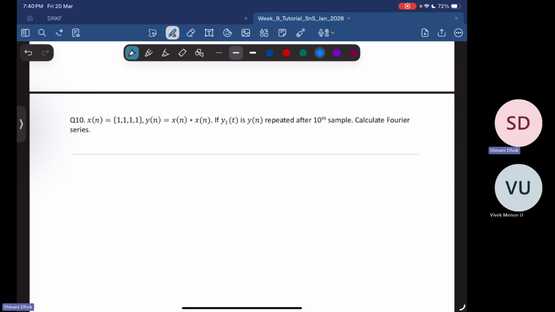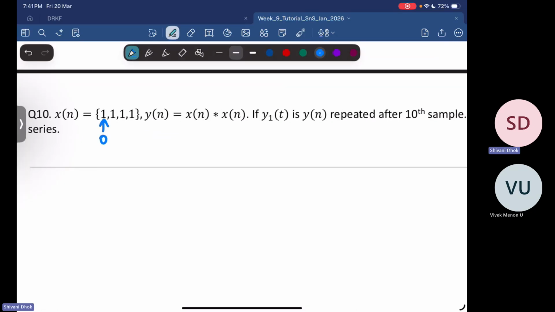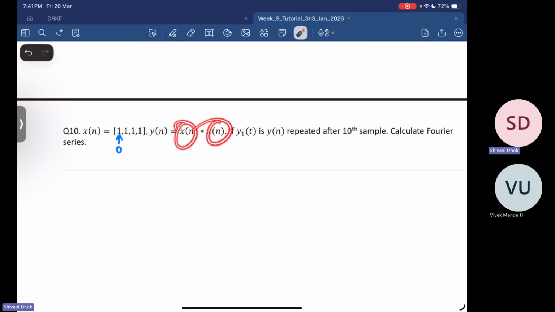Questions, then let me move on to the next one. So what you have now is x of n is equal to 1 1 1 1, let's say this starts from 0, and y of n is x of n convolved with x of n, or itself.